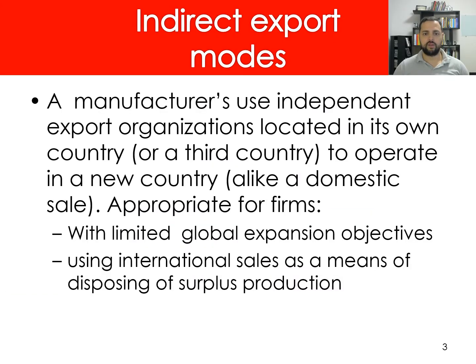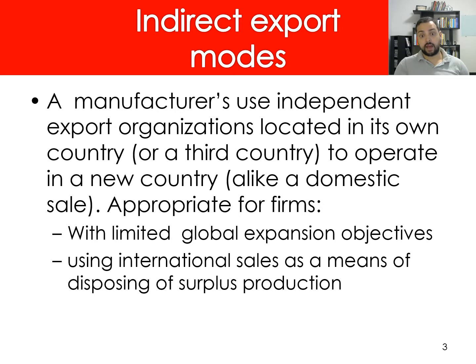In the case of indirect exports, basically a manufacturer will use independent export organizations that will be located in your home country or sometimes in a third country to operate in a new country. For instance, you can be a Brazilian firm and sell your products to a Brazilian export firm, and this firm will sell your products abroad.